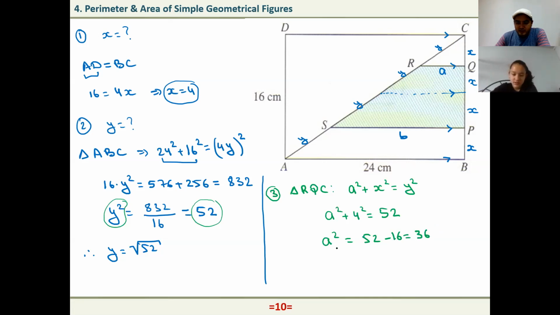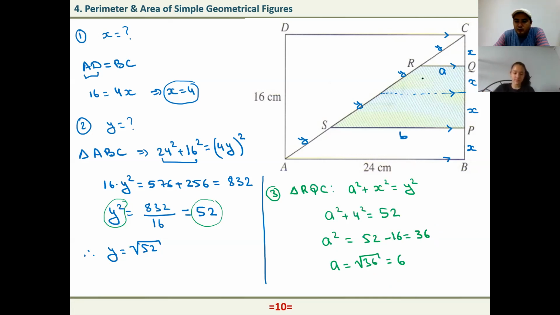Right? Now, Shahina, if a squared equals 36, what is a? Square root of 36. Very good. Now, what is square root of 36? 6, right? So now, Shahina, we know the value of x.